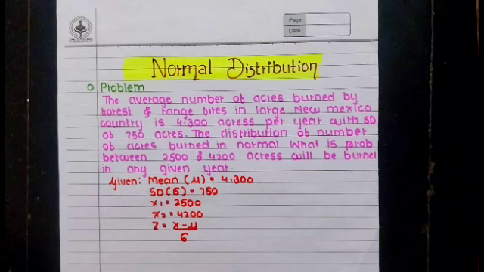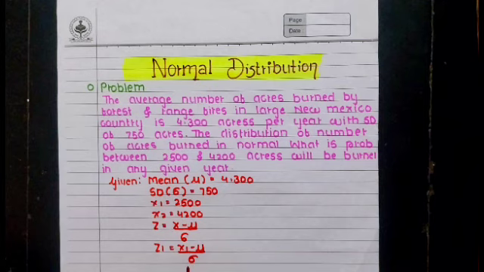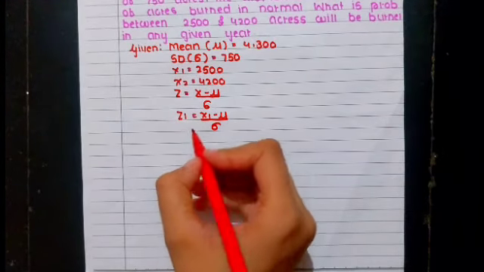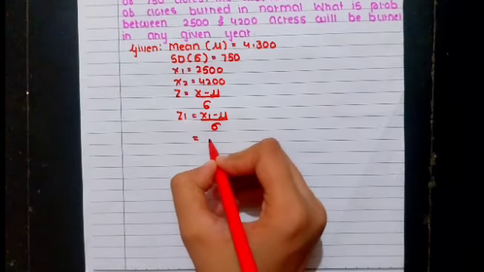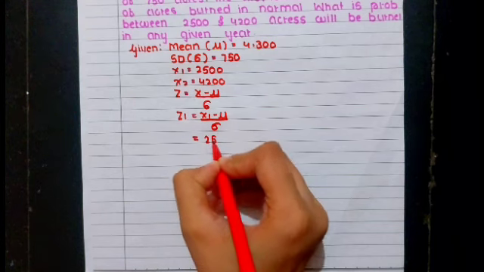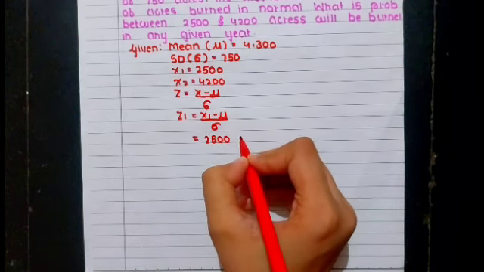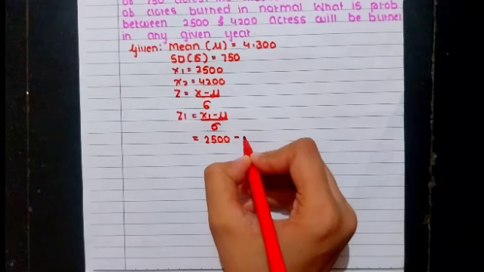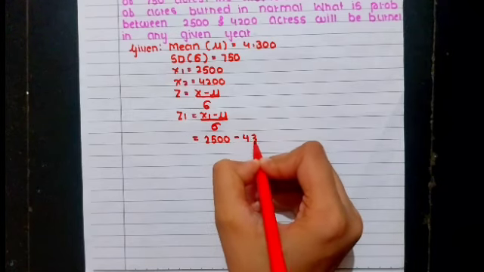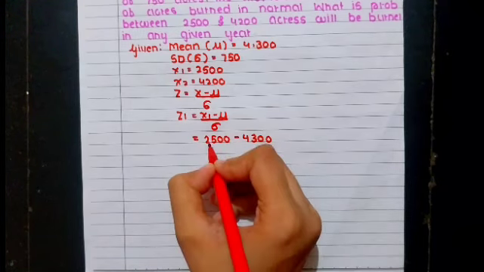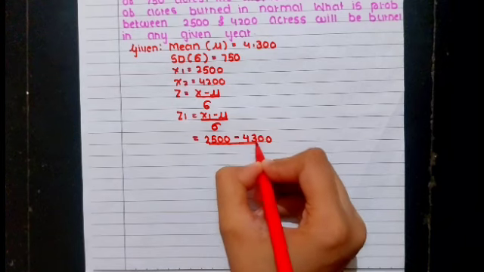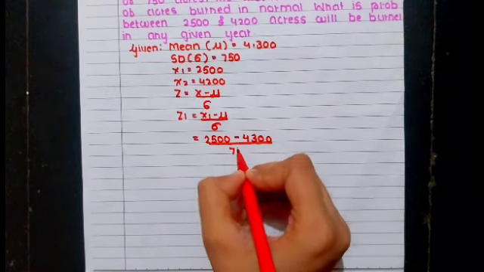First of all we will find z1, equal to x1 minus mu upon sigma. Here the value of x1 is 2,500, our value of mean, mu, is 4,300, and the value of sigma is 750.